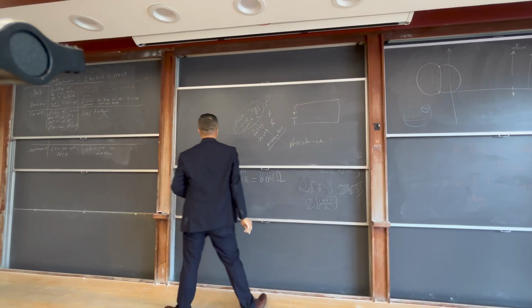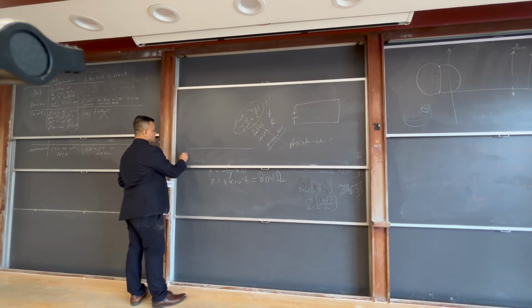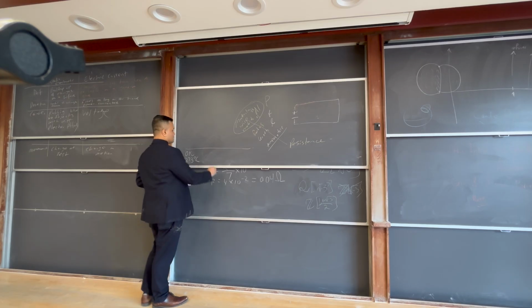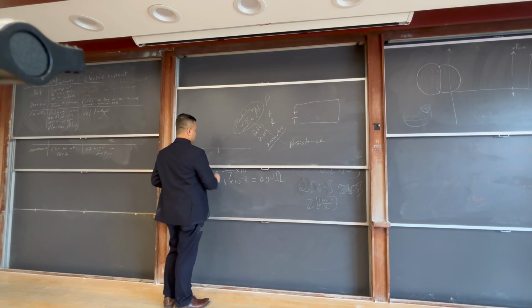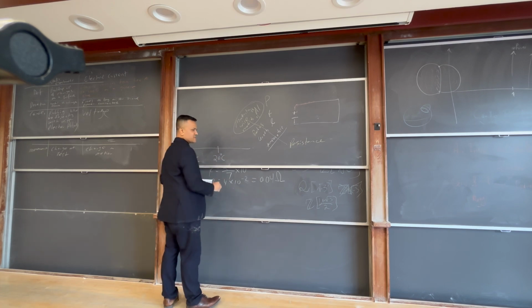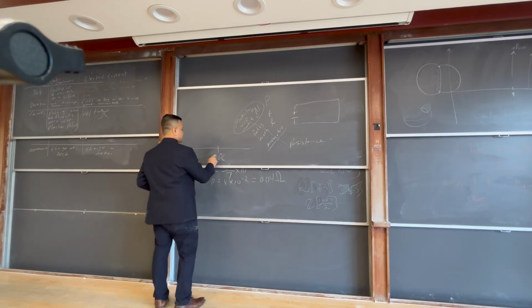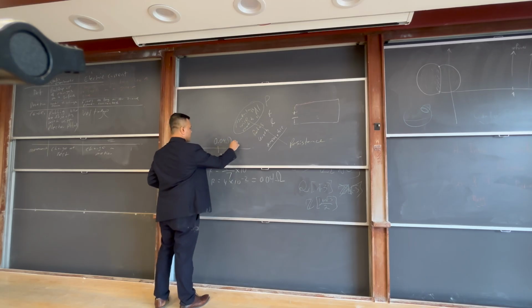What does that mean? If you have 0 Kelvin, which is negative 273 Celsius, and you increase the temperature to, let's say, 20 degrees Celsius, which is room temperature right now, the resistance is, I don't know, 0.04 ohms.